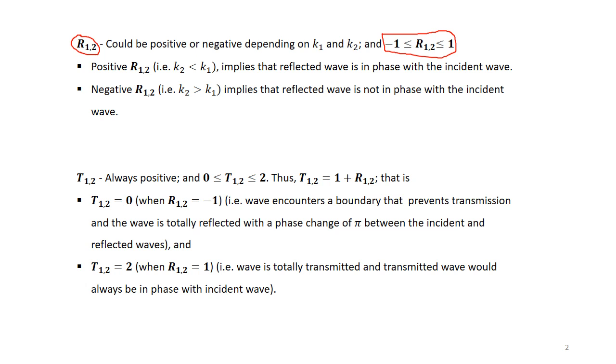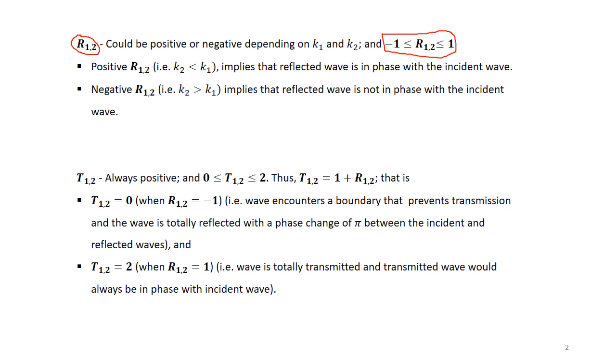And when you have a negative value of the reflection coefficient of amplitude, that is when K2 is greater than K1, when your value lies below 0, such as minus 0.9, minus 0.8, minus 0.2, minus 0.1, then minus 1, it implies that the reflected wave is not in phase with the incident wave.